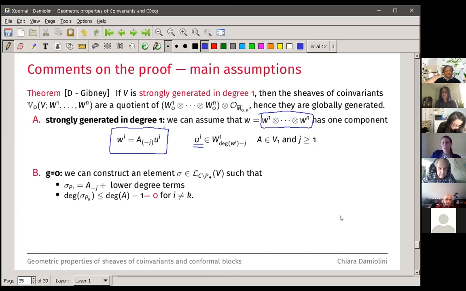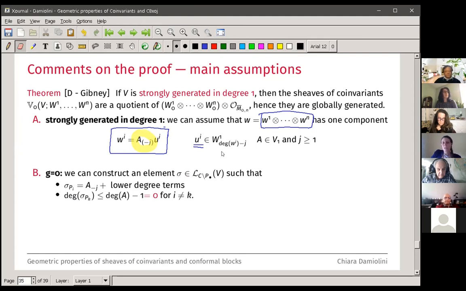And genus 0 allows us to lift A_{-J}. I take this element and lift it to an element in this chiral Lie algebra, meaning that I can always construct an element here so that its action on the point i, where this W_i is, is given by A_{-J} plus lower degree terms, while the action on the other points has degree less than or equal to the degree of A minus 1.